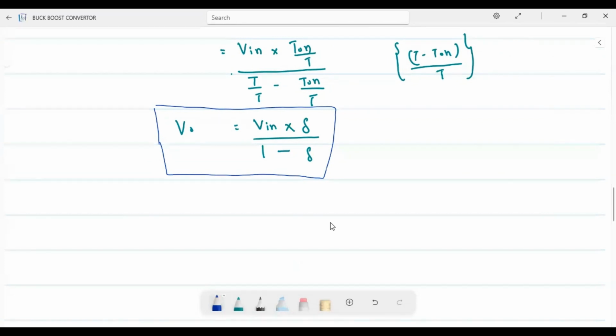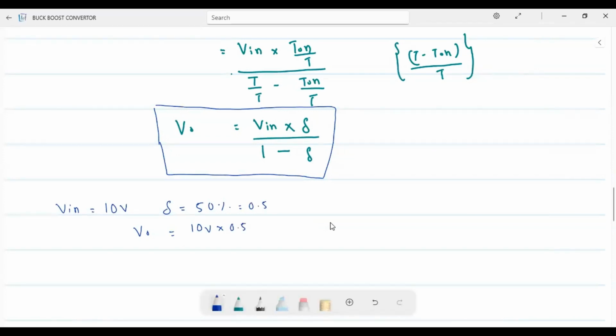And you can check the values, whether it is stepping up or stepping down, how it is working. Suppose we take a value V input equals 10 volt, and suppose your duty cycle is equal to 50%. What is the output voltage? So V out is equal to V input, that is 10 volt, into duty cycle. In percentage it is 50%, so you can take it as 0.5.